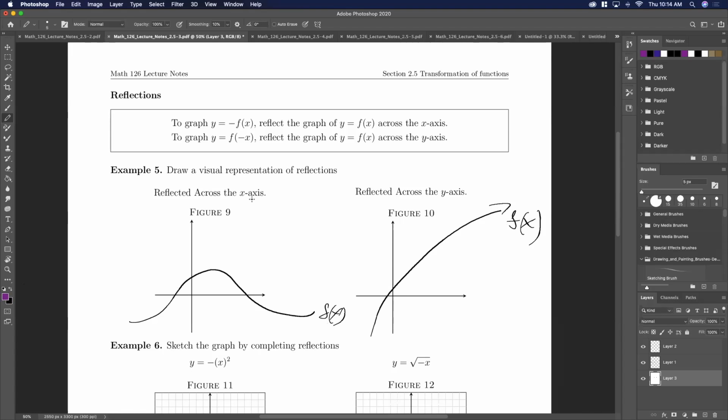So here I'm going to reflect across my x-axis, and so I'm going to plug in minus f of x, right? And so here, if it was negative, it becomes positive. If it was 0, it stays 0. And this looks like this. And so this would be minus f of x. Now, what I'm doing here is I'm reflecting across the y-axis.